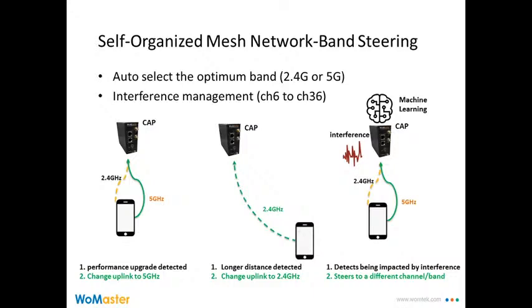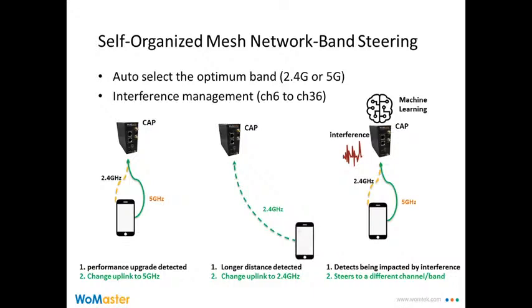The third one is about interference. Usually, there are many different RF communications in the 2.4G band, maybe like Zigbee, LoRa, anything else. Sometimes these signals will interfere with the signal quality.